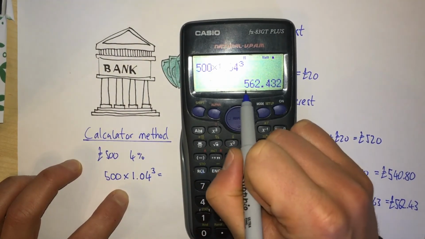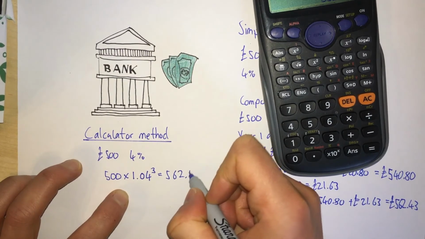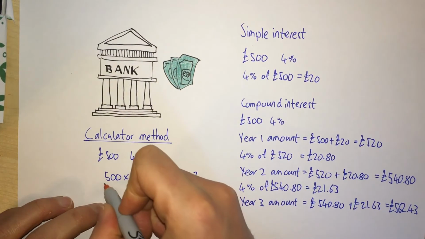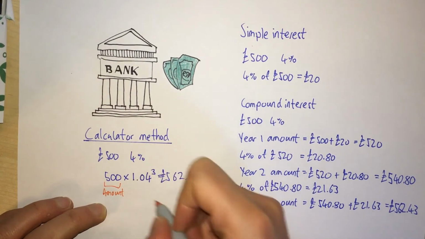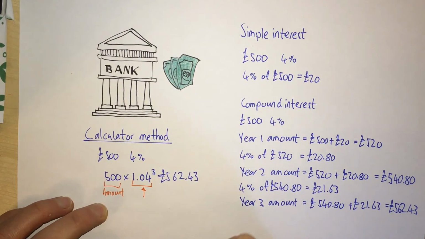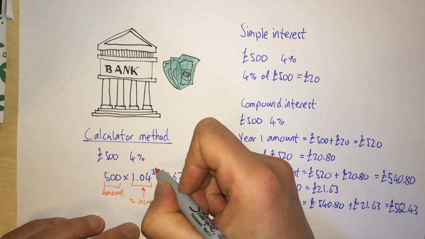And it will give me the answer straight away. So here we have the amount. Here we have the percentage increase as a decimal. And here we have the number of payments or the number of years.